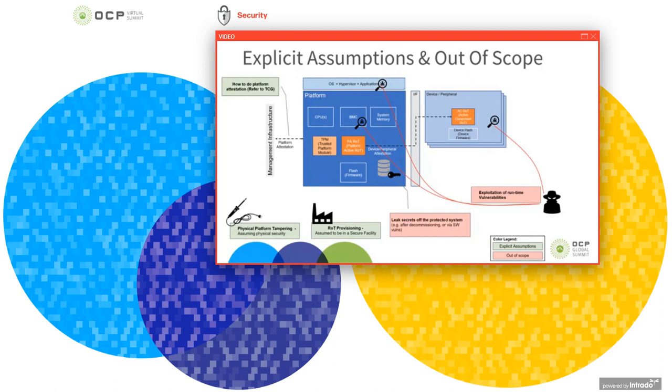It should be clear that this is not the intent of the specs. It's really about firmware integrity and attestation, or gaining trust in the system at the initial boot time. But once it starts running, that's out of scope for the current set of specs.